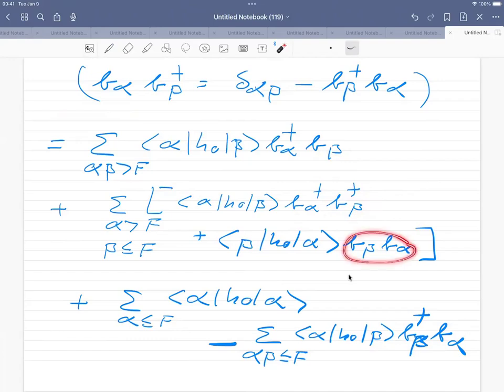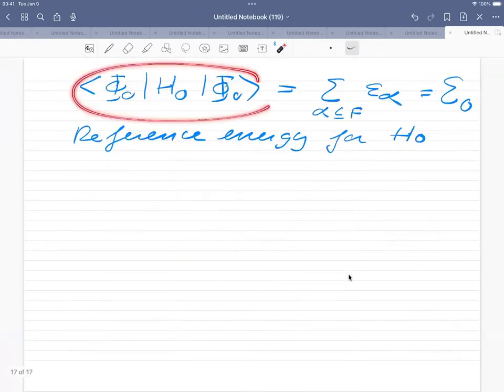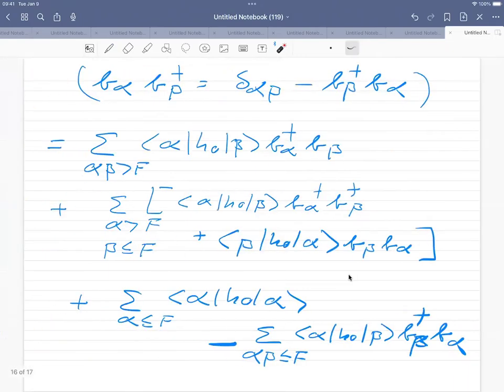The same with this contribution, and the same with this contribution here, because that's also normal ordered. Because this translates into a creation operator for holes. And we are trying to create a state below the Fermi level here, which is already occupied. So that means that for the ground state, if I now take the expectation value of this quantity here with a new operator, I'm simply going to get this term back again, which we should get.